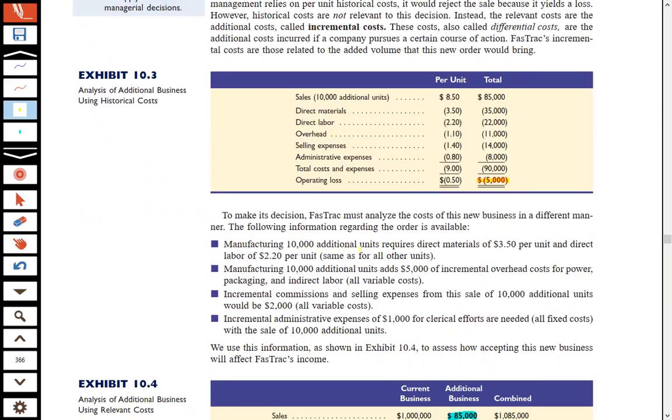Manufacturing of 10,000 additional units requires direct material of 3.5, labor 2.2, the same as before, and manufacturing of 10,000 additional units adds 5,000 of incremental overheads. So it adds. So then it would be 16,000, not 5,000.